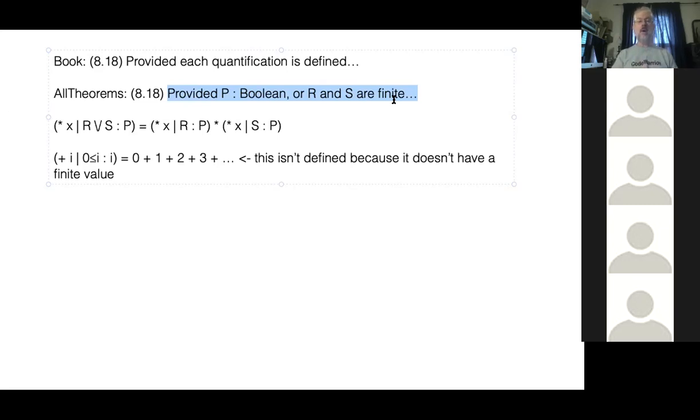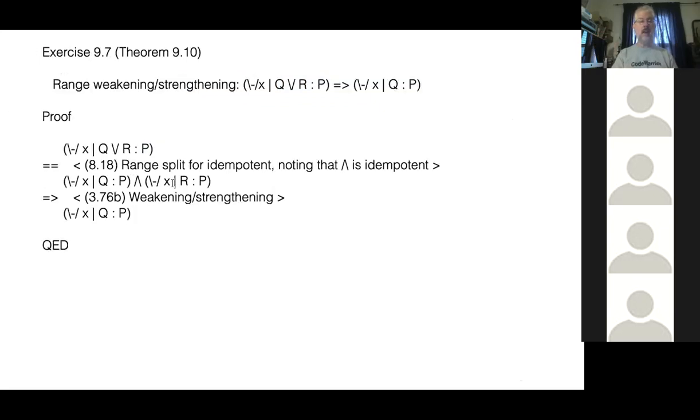And so the two cases that are most likely to come up in the book are, first, that P is Boolean. If the body of the quantification is a Boolean valued expression, then we don't have to worry about using 8.18. We're just good, okay? And so if we back up to here we are okay.